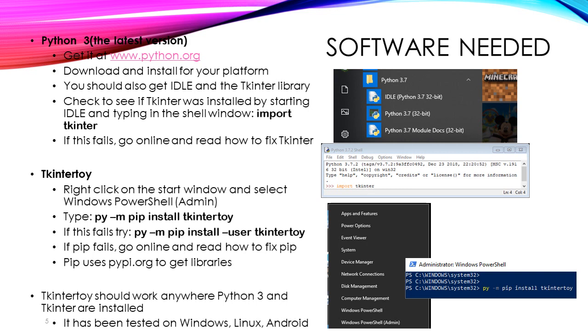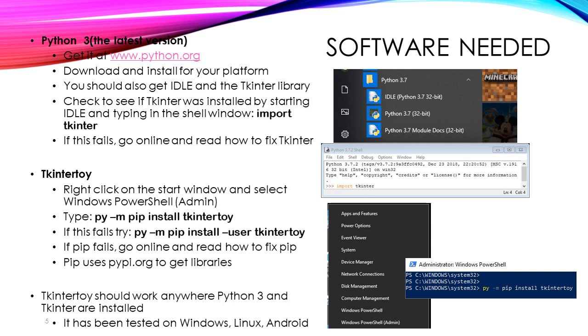In either case, for the Windows people, type in py -m pip install tkintertoy, and hit enter. You should see a lot of things happen, but hopefully at the very bottom it'll say tkintertoy was installed.